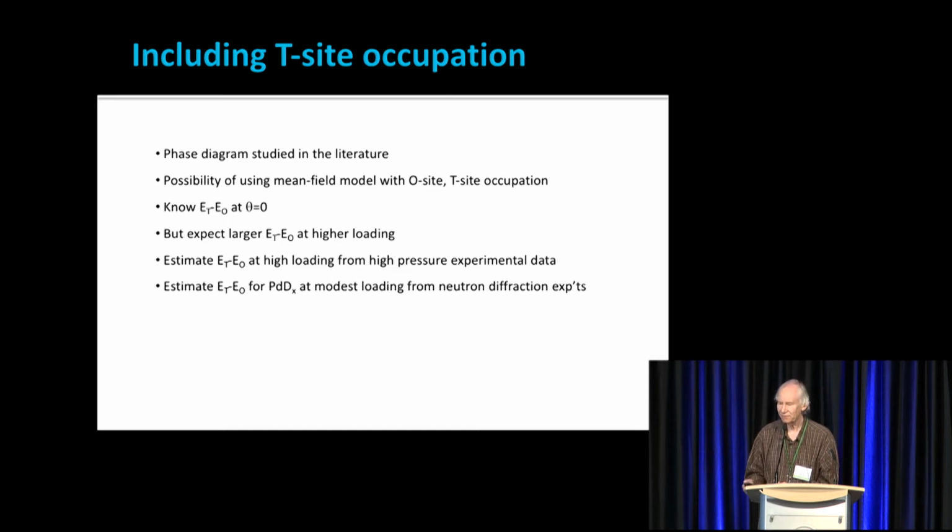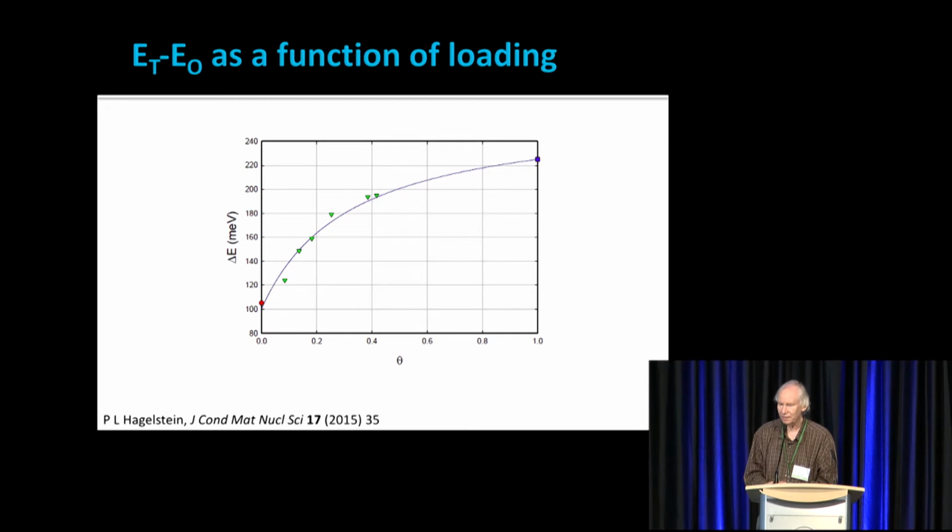And I've done that. The green triangles are the inferred excitation energy based on the neutron diffraction scattering. The red circle at low loading is the result of the optimization against the alpha phase data of Cluley et al. And I also worked with these models at very high loading to see if I could connect with the small amount of very high pressure measurements that have been done.